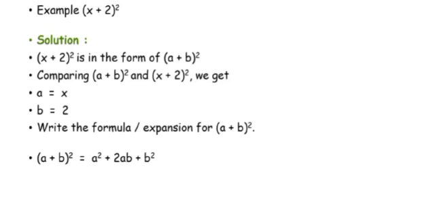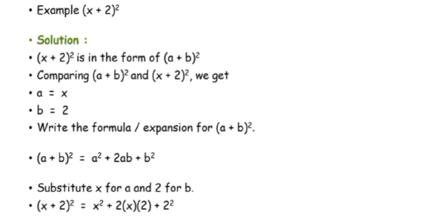According to the formula, wherever there is an a, in its place I am going to write x, and wherever there is a b, in its place I am going to write 2. So after solving, my final answer would be x² + 4x + 4.